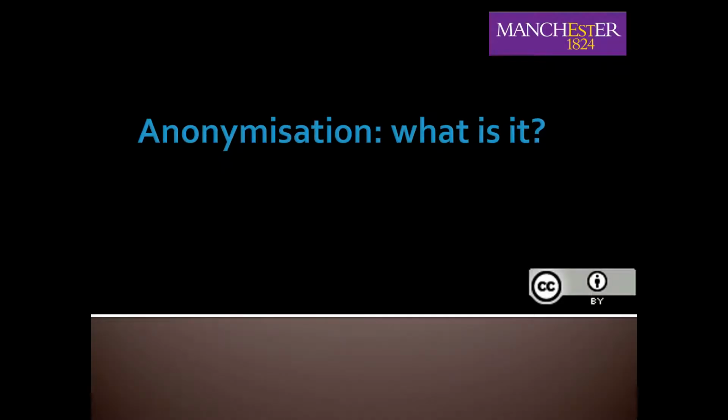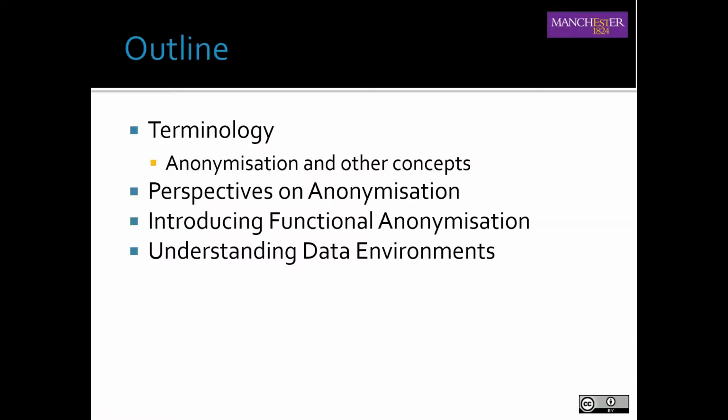Okay, I'm going to first talk about what this thing, anonymisation, is. There's a bit of terminology, anonymisation and other concepts, and different perspectives on anonymisation. I'm going to introduce the notion of functional anonymisation, specifically focusing on this concept of data environments.